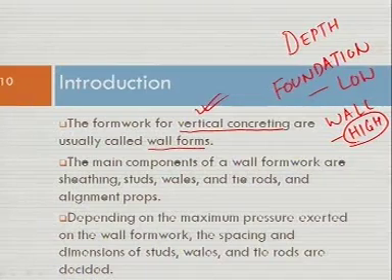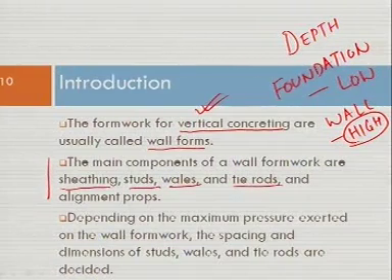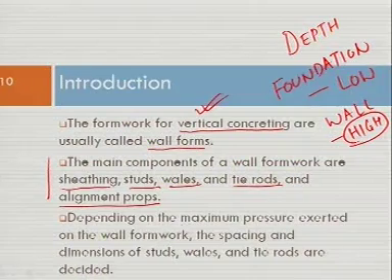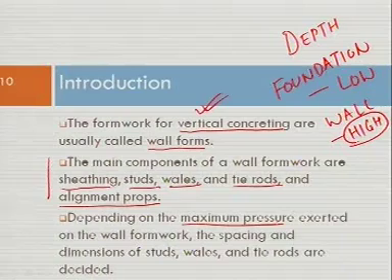When you come to the main components of a wall formwork, you have the sheathing, studs, wales, tie rods and alignment props. Some of these components are common to foundation formwork. Depending on the maximum pressure that is exerted by the concrete onto your formwork, the spacing and the cross section of these components vary.